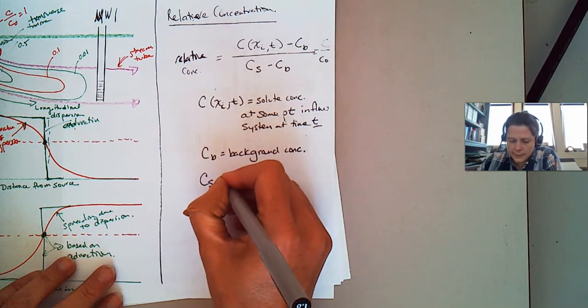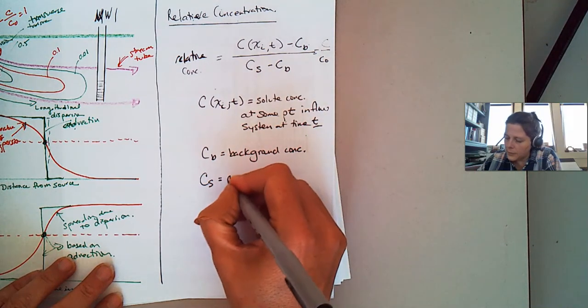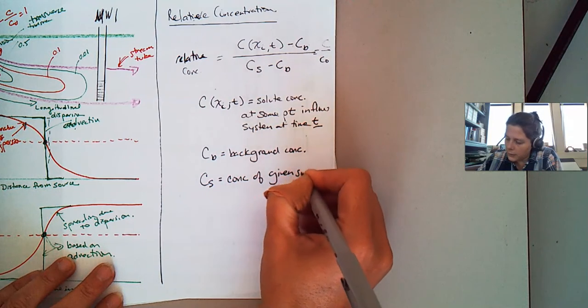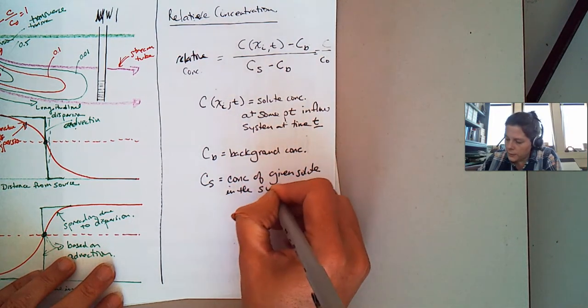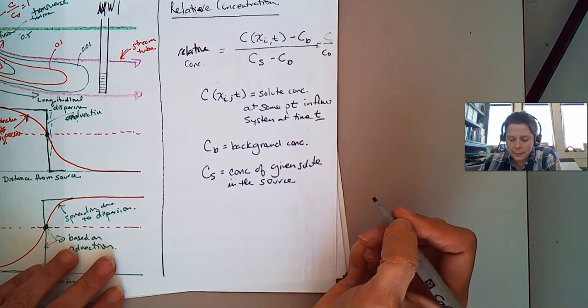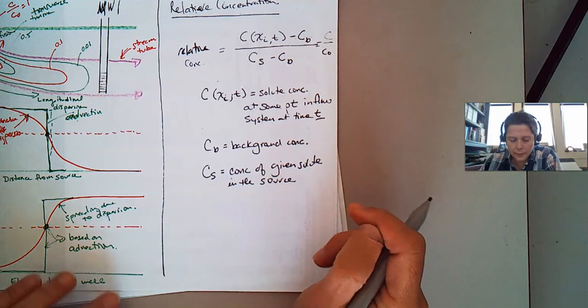The Cs is the concentration of a given solute at a source. So the concentration of a given solute in the source, usually constant unless specified otherwise. So this is just a constant in there.